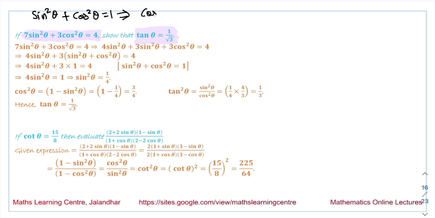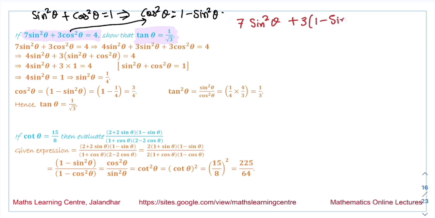So this gives us cos square theta is equal to 1 minus sine square theta. So in place of cos square theta, if we write 1 minus sine square theta, we get 7 sine square theta plus 3 into 1 minus sine square theta. This is equal to 4.